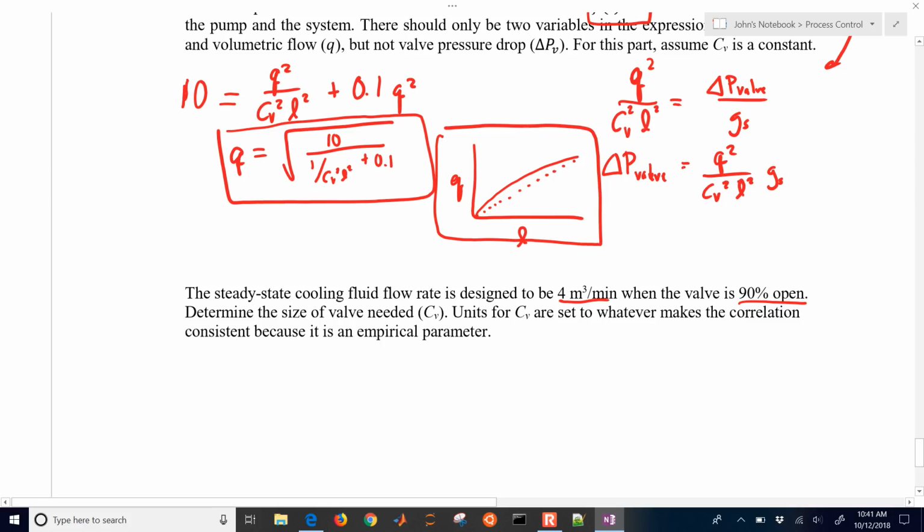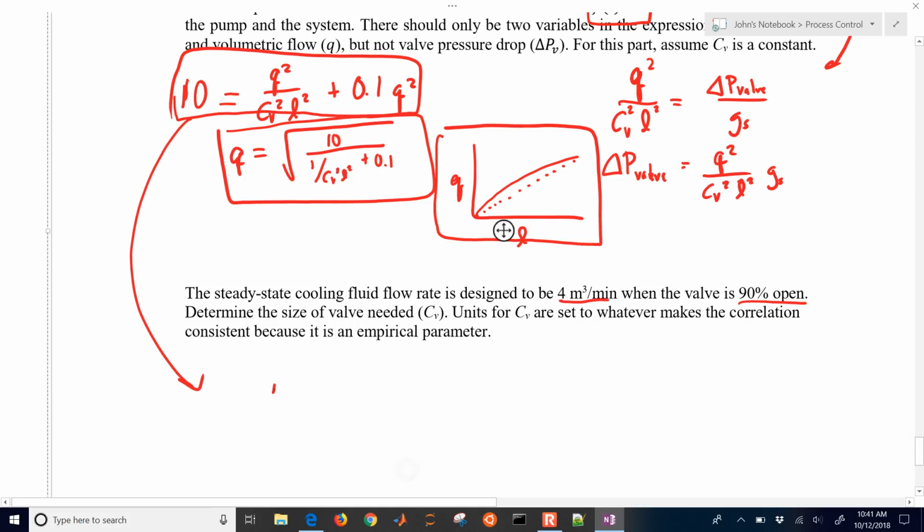So let's plug that in. I'm just going to start with this one right here and plug in some of those values. So I have 10 equals, and then Q is going to be equal to 4, and 4 squared is 16. And then I have CV squared, my lift is 0.9, and then I'll square that.